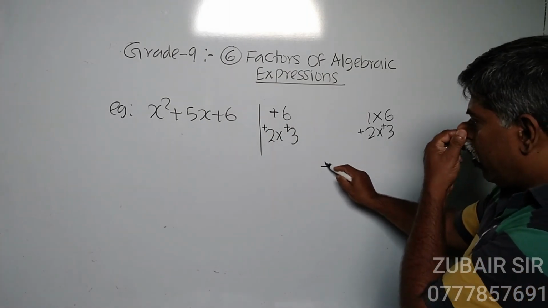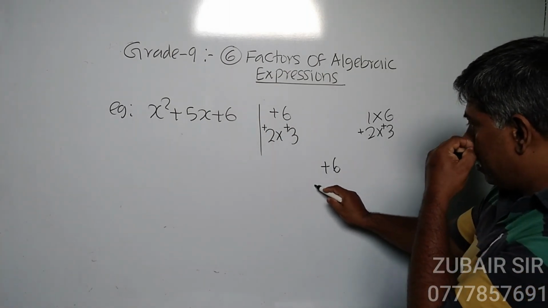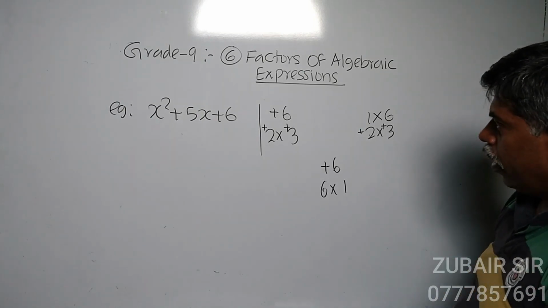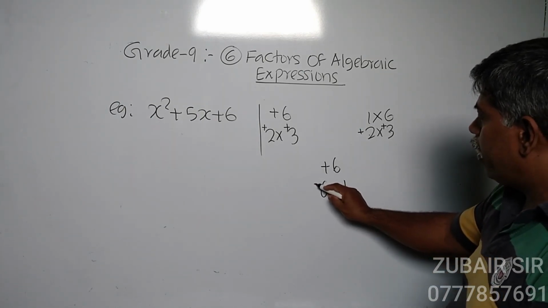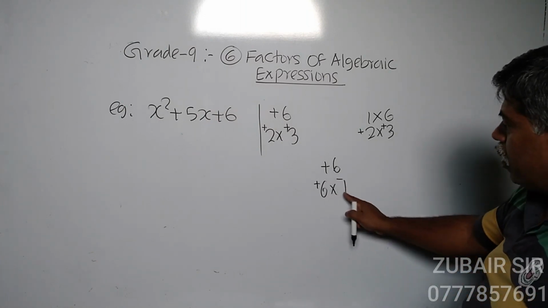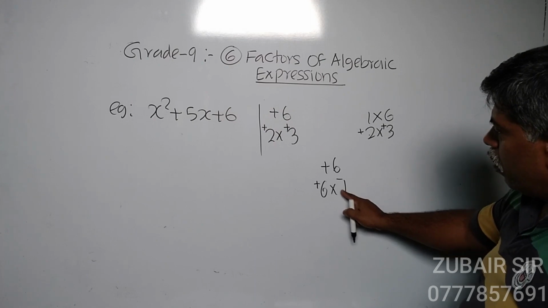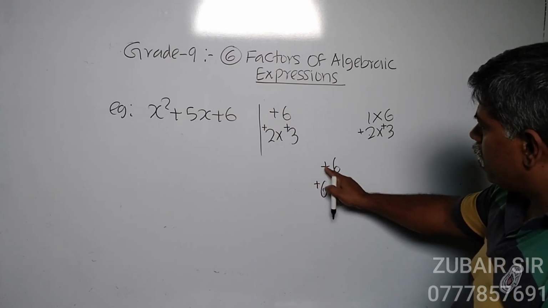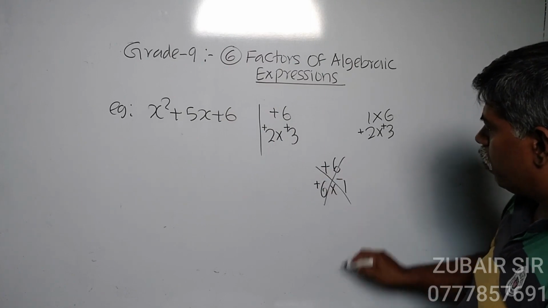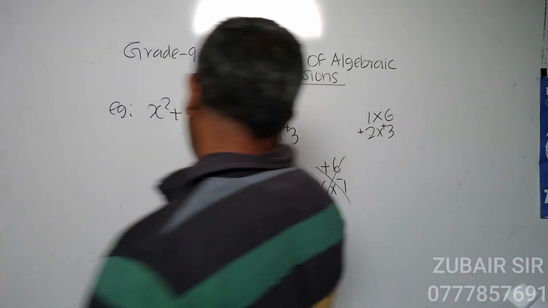One person can write like this, plus 6 as 6 into 1. I can take the 6 by subtracting the 1, plus 6 minus 1. Then 6 minus 1 also 5. But when you multiply plus and minus, minus, you won't get this sign. So because of that, this is not suitable. This is the only possible way.